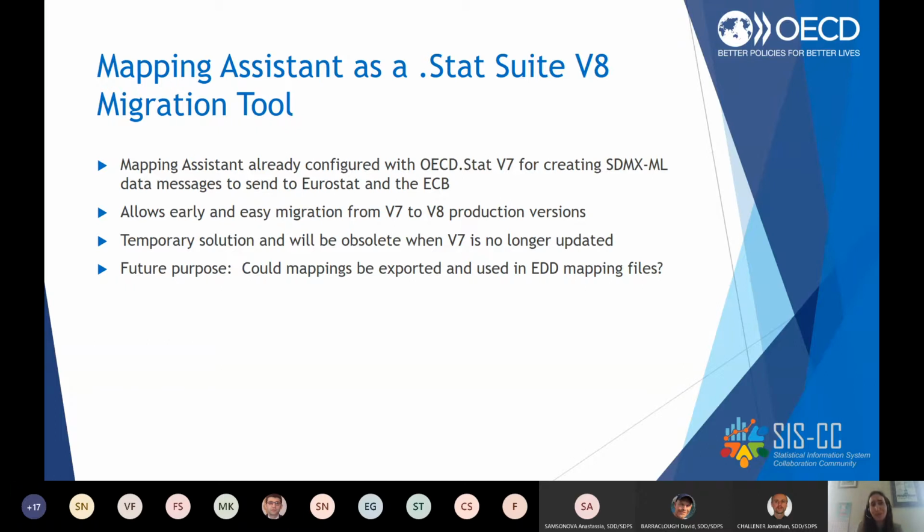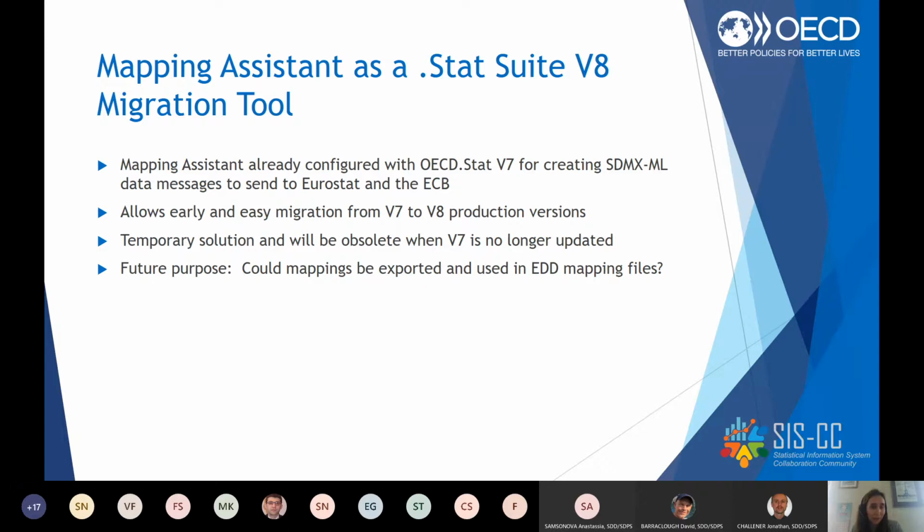We're going from just a few dimensions to a lot of dimensions. There's complicated mappings, and Yuri suggested, why don't you try Mapping Assistant? I was a little hesitant, but it turns out to actually be a really efficient tool in doing these sort of mappings.